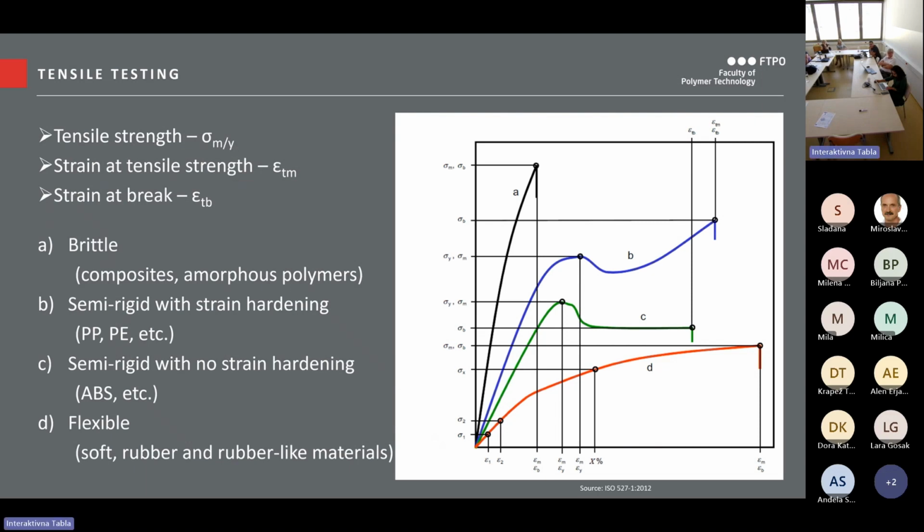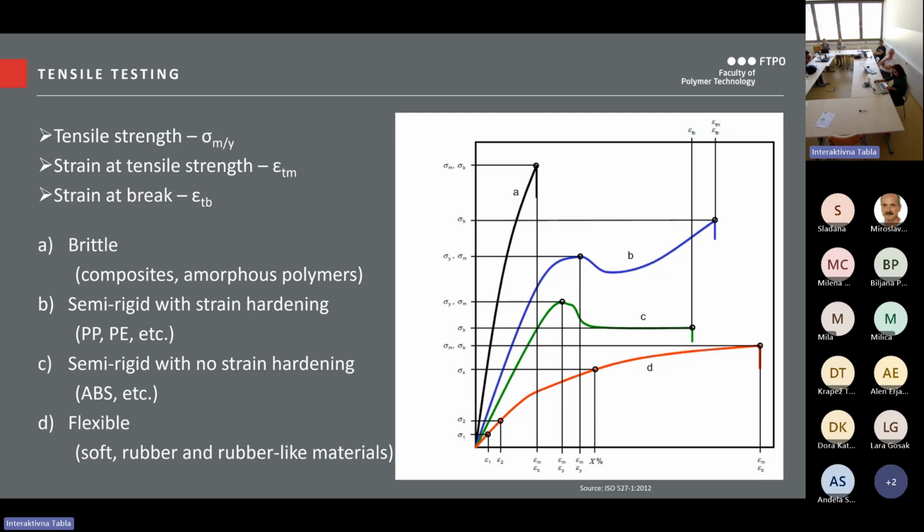With polymers we will see four typical shapes of stress strain curves. First is a curve of a brittle material, like we've seen previously with ceramic-like materials.